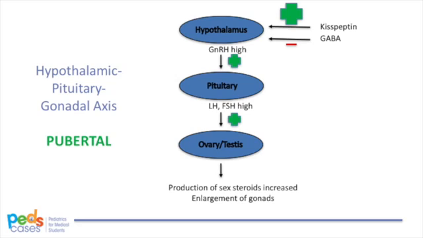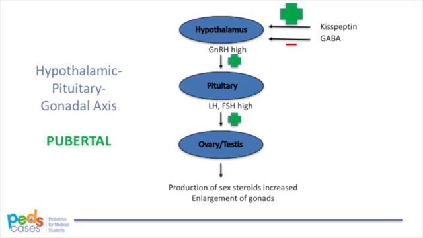With an increase in the level of excitatory input, notably kisspeptin, and a decrease in the level of inhibitory input, such as GABA, we see an enhanced GnRH release from the hypothalamus. In turn, more LH and FSH are secreted from the pituitary. Please bear in mind that this is a very simplified explanation of how puberty starts, and a more comprehensive explanation of the mechanisms that control the start of puberty is beyond the scope of this video.